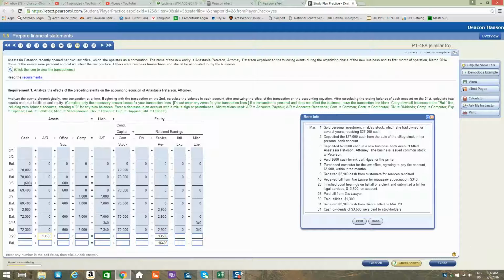So we're going to put that in the accounts receivable column, and then we'll go ahead and tally everything up. You should be adding both sides along the way. I know I passed on that a couple times, but this is the equation line. Everything that's on this side should equal everything on this side. And I'll go ahead and drop my balances down.